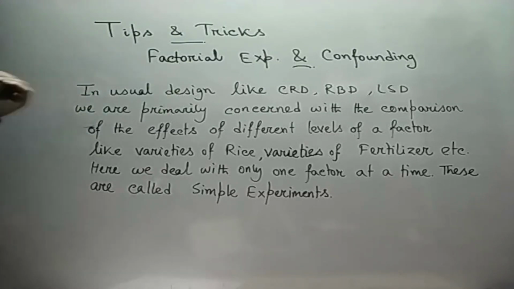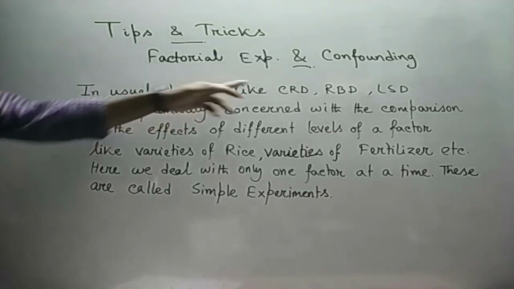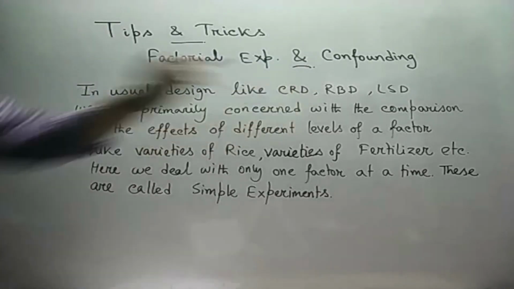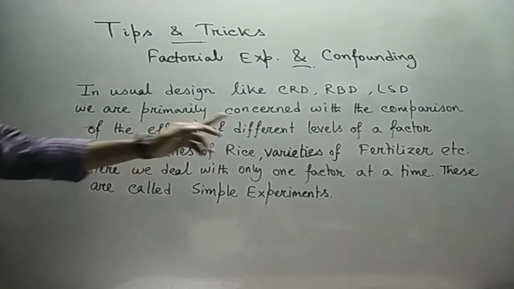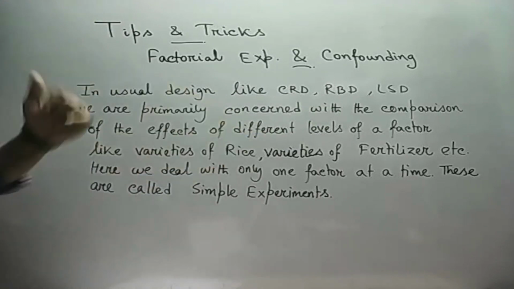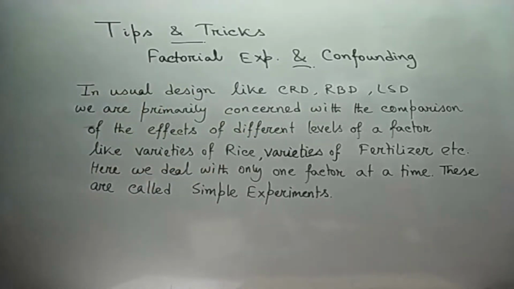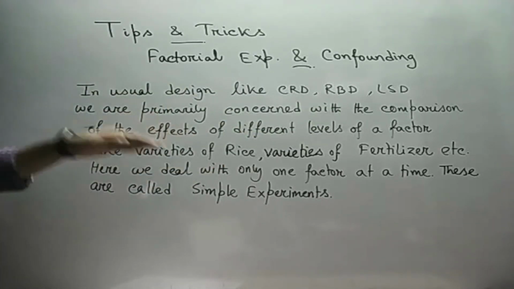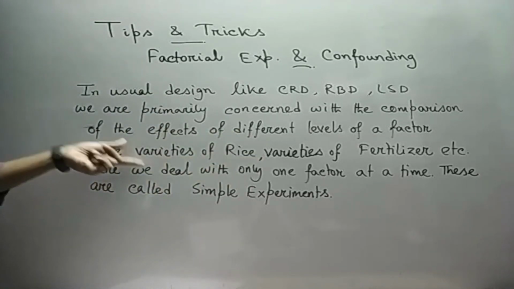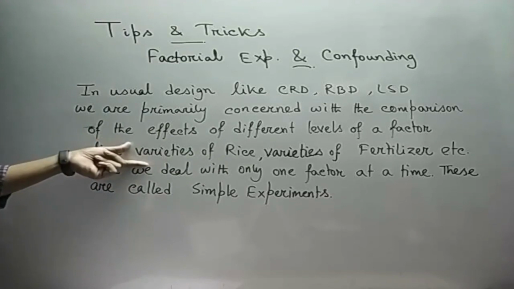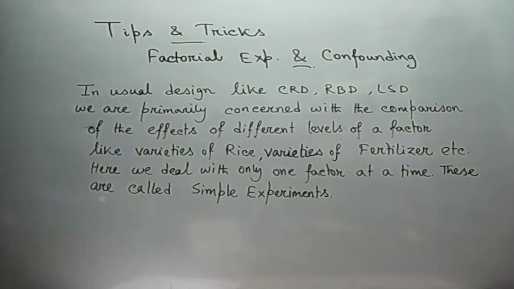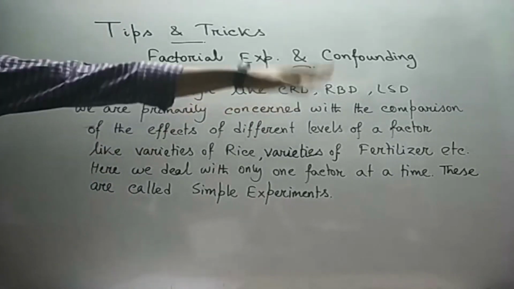Here we can see that in usual designs like CRD, RBD and LSD, we are primarily concerned with the comparison of the effects of different levels of a factor, like varieties of rice, varieties of fertilizer. So these are basically our factors, and we can take different levels of any factor. Let's say if we choose the varieties of rice, this is one factor, and then we have to choose different levels of that factor to work with, like in CRD, RBD and LSD.